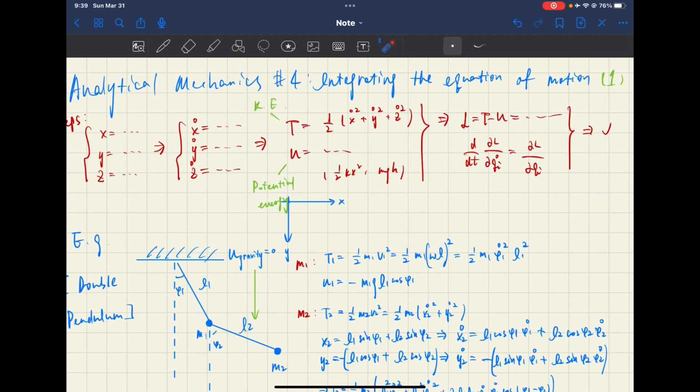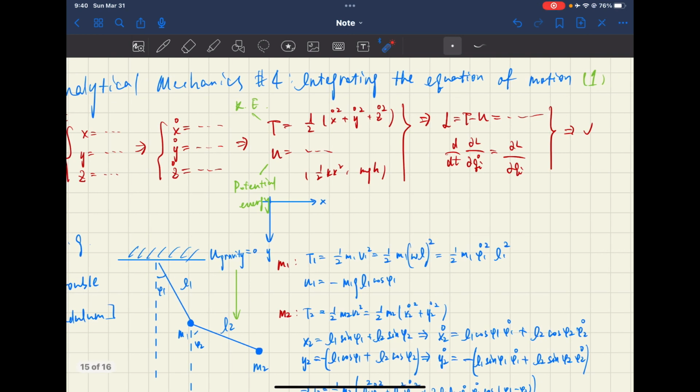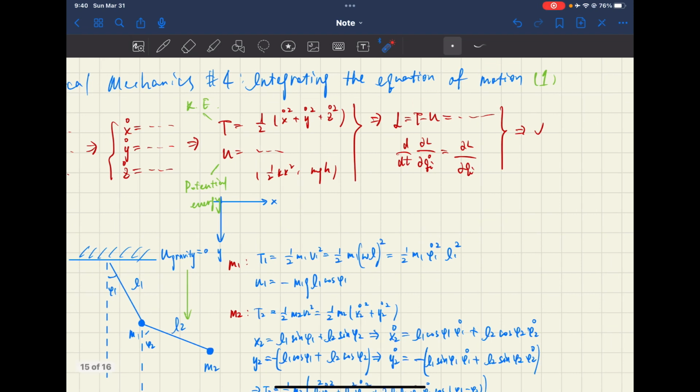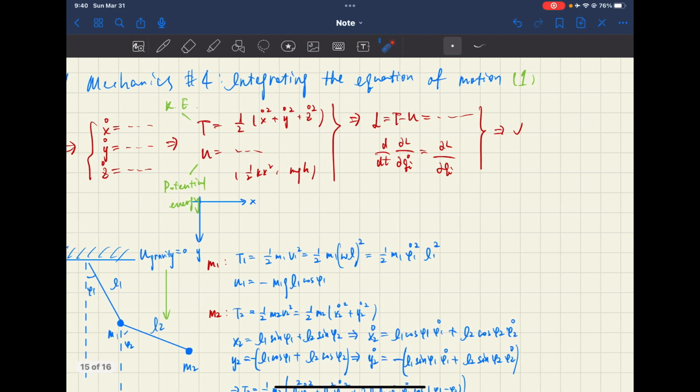So as long as we have the XYZ of the system, we can write out U, the potential energy of the system. So now we have derived the two components of the Lagrange's function, and the Lagrange's function takes the form of T minus U. Then we use the Lagrange's equation back here, and we can derive the equation of motion.